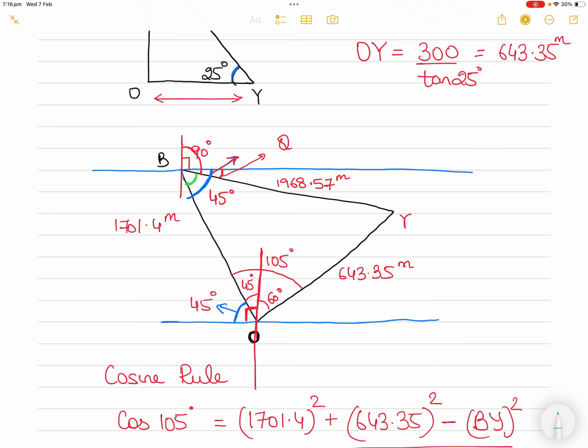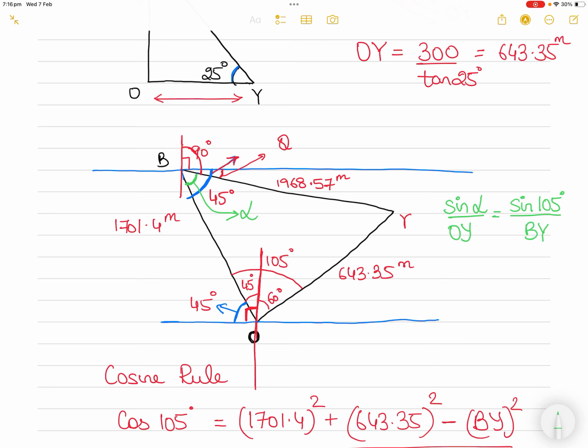Now what is the simple sine rule? Let's call this green angle here L. So sine of L divided by OY, the side opposite to it, equals sine of 105 degrees, that is the total angle here, divided by BY, the side opposite to it.